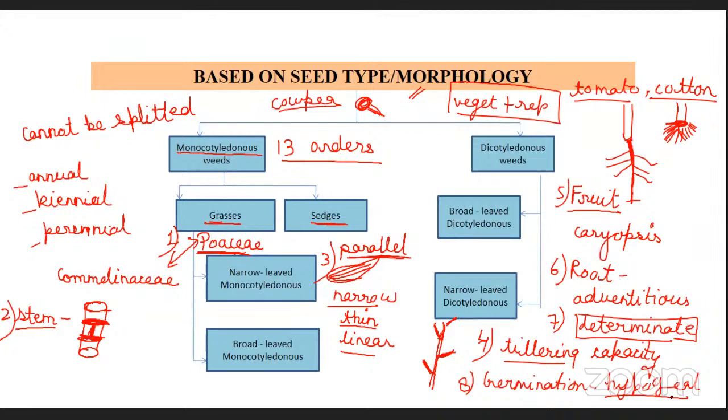In hypogeal germination, the cotyledon does not come out at the soil surface. It stays inside, under the soil. So this is known as hypogeal germination.